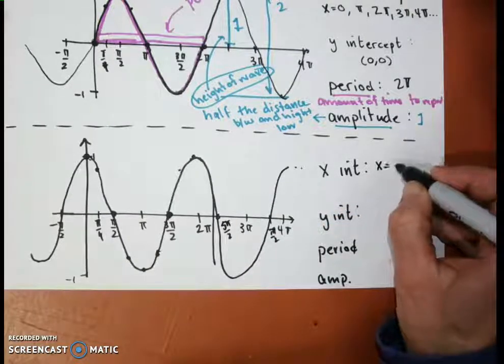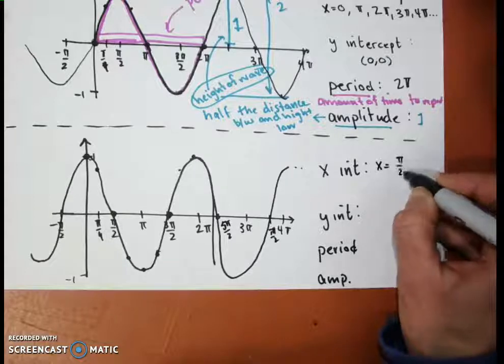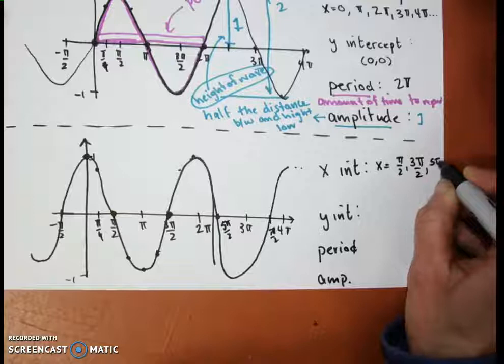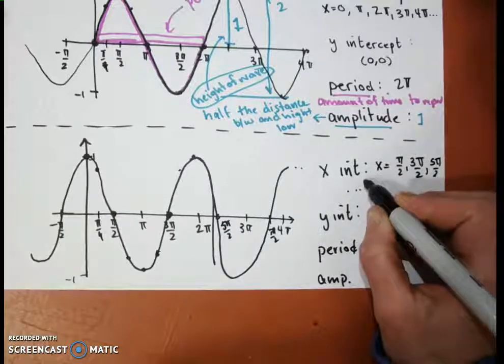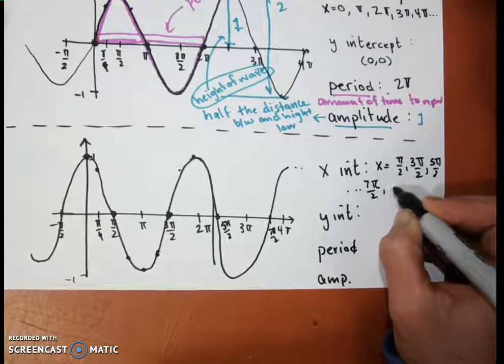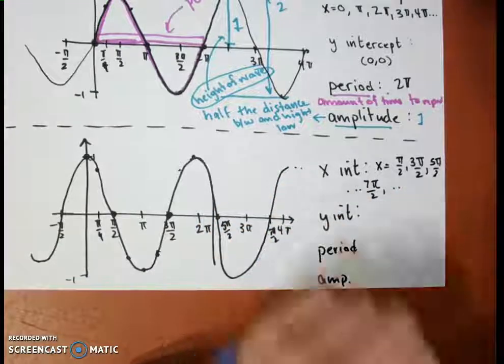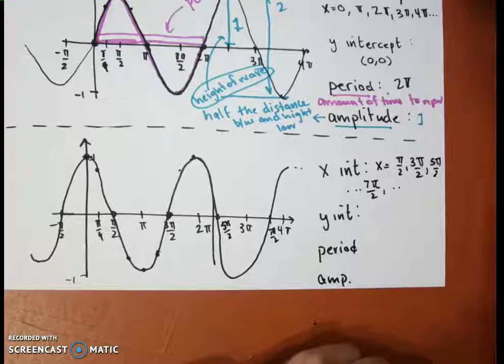So when x equals pi over 2, 3 pi over 2, 5 pi over 2, and 7 pi over 2, and we could keep going, where we'll have an odd number on top, a 2 on bottom, multiplied by pi.